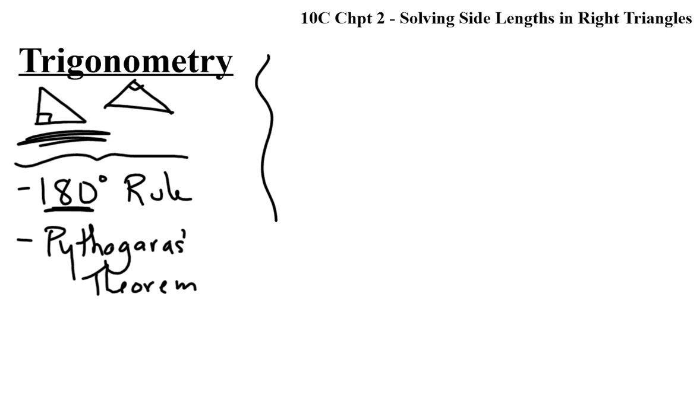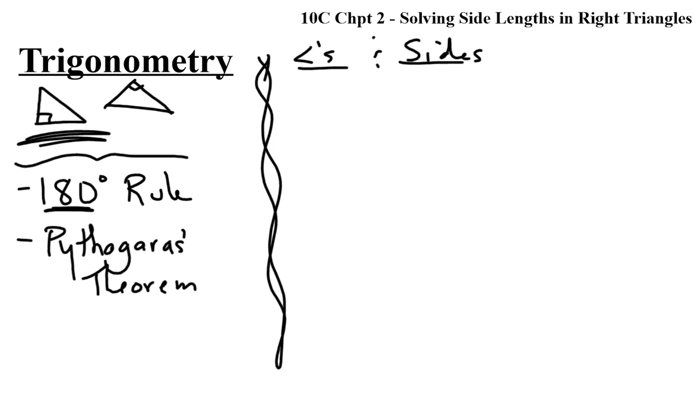Well, after that, we started to look at the fact that angles and sides work together. And angles and sides work together in trigonometry. But there are a couple of key things. The first point is you always need to identify a reference angle.